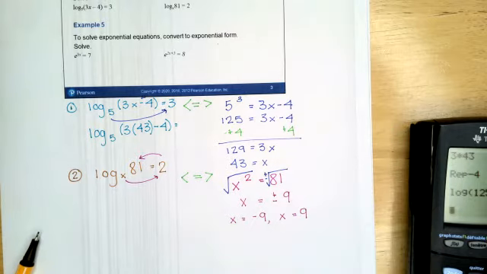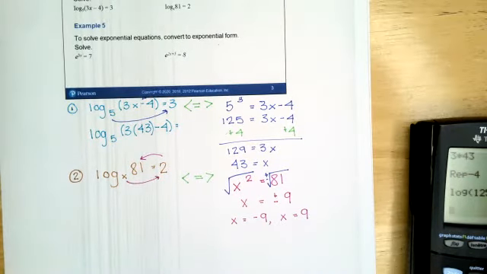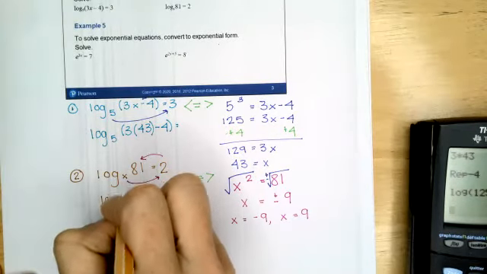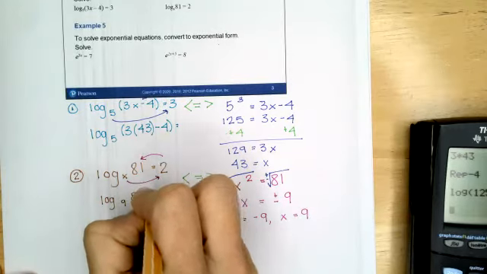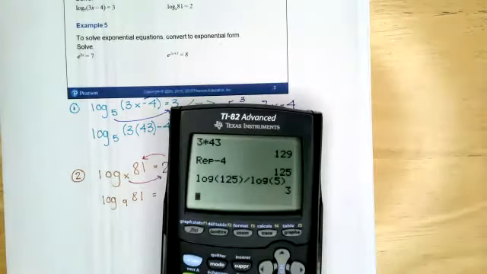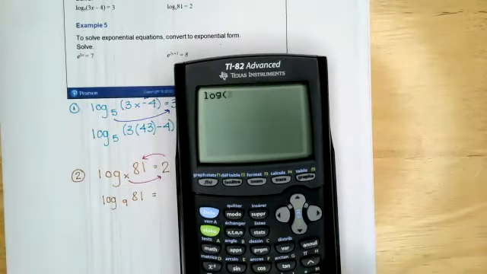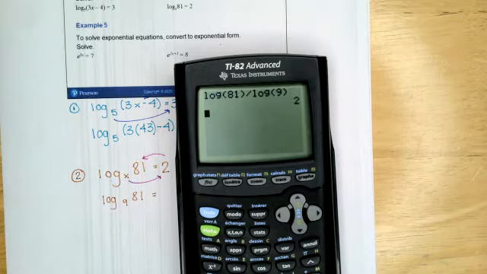It's important that we put these back into the equation to make sure that this is true, okay? Is the log base 9 of 81 equal to 2? Remember, you're welcome to use the regular log base button, but log of 81 divided by the log of 9 is 2.